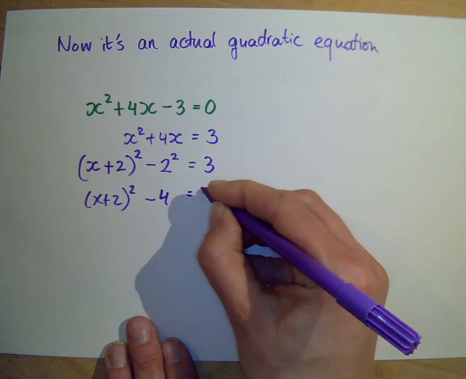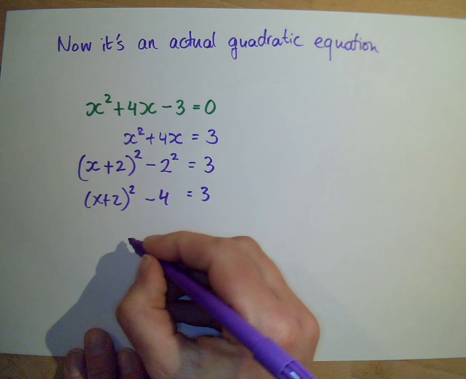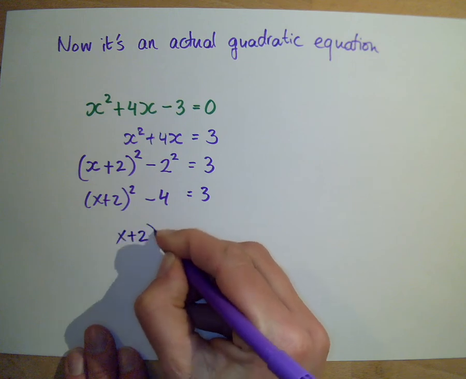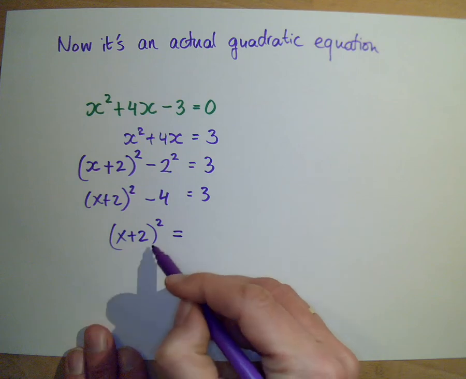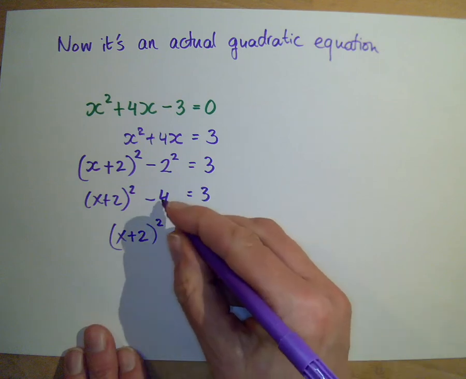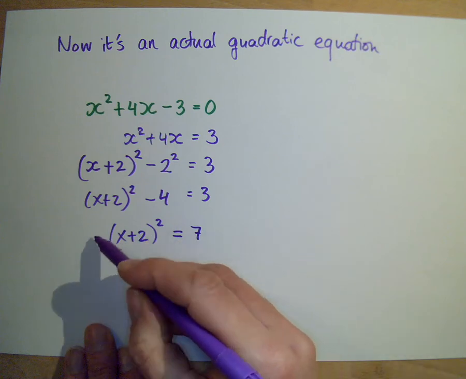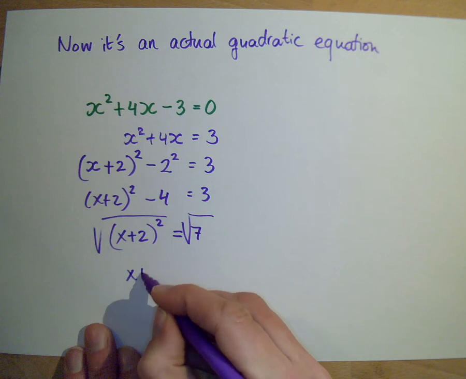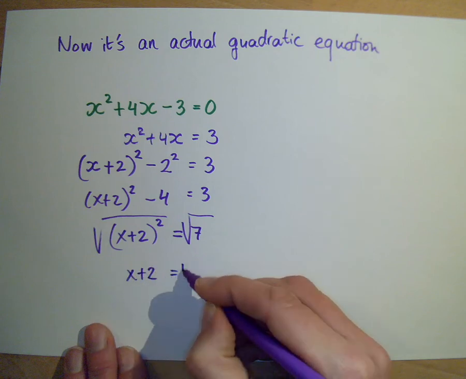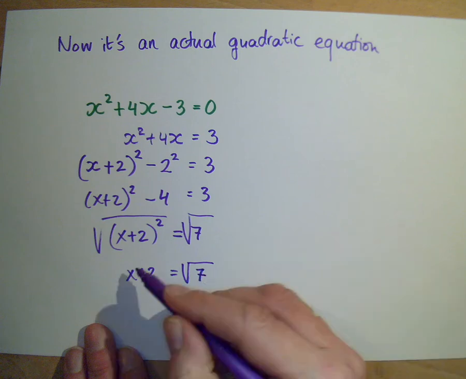Let me write that. We move the 4 over to that side, because we want x as much as we can all by itself, right? So plus 4, so 7. Now we square root both sides, which gives us x plus 2 equals the square root of 7.